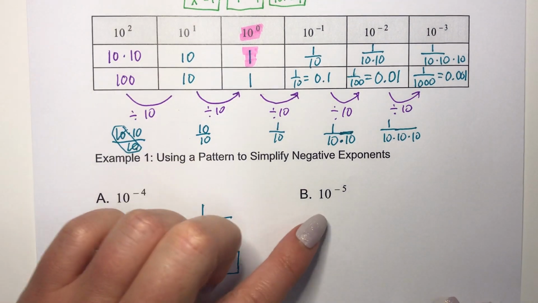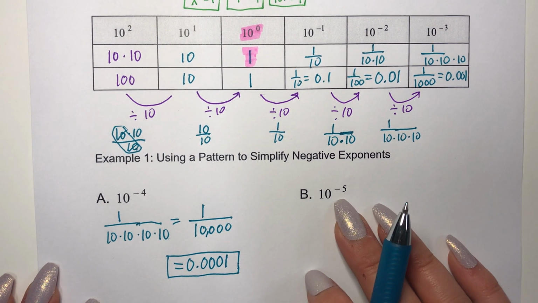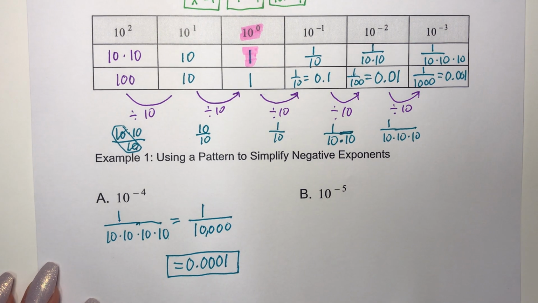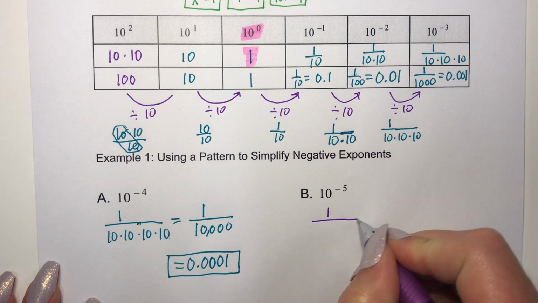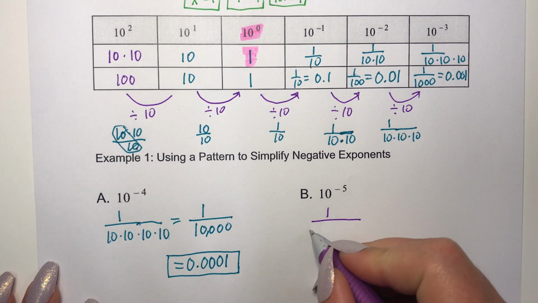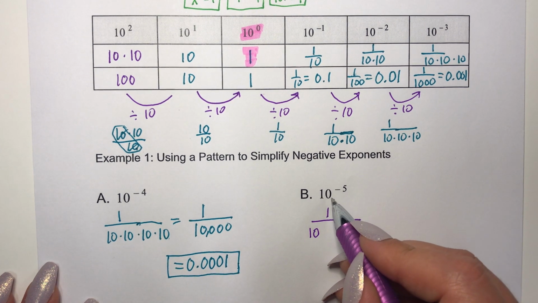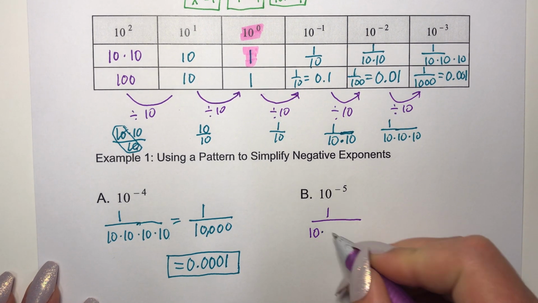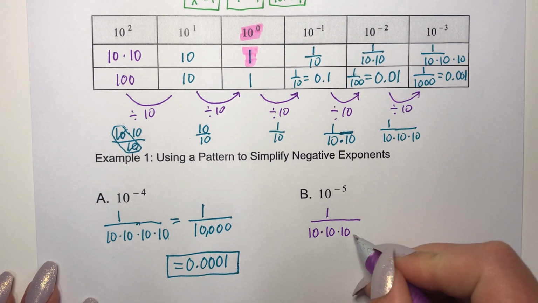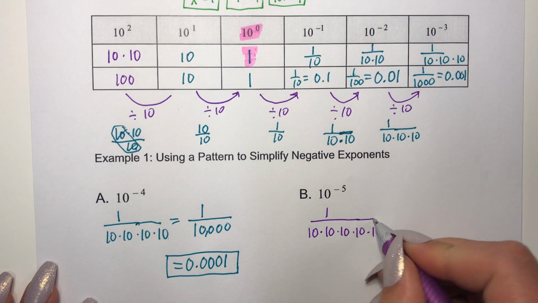Okay. What about 10 to the negative 5? What do you guys think? Well, if we use that pattern, it should just be 1 over 10 multiplied by itself 5 times on the bottom of the fraction. 10 times 10 times 10 times 10 times 10, 1, 2, 3, 4, 5.